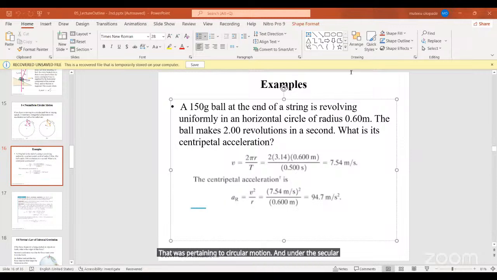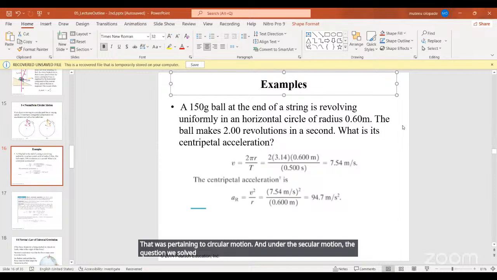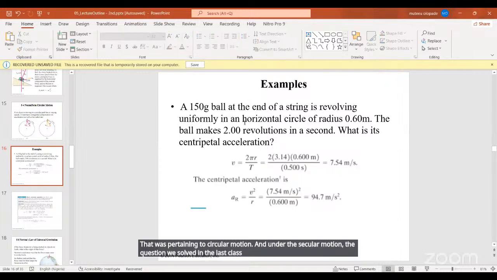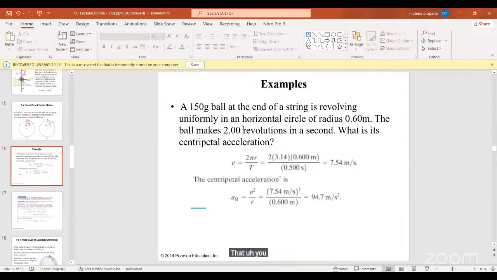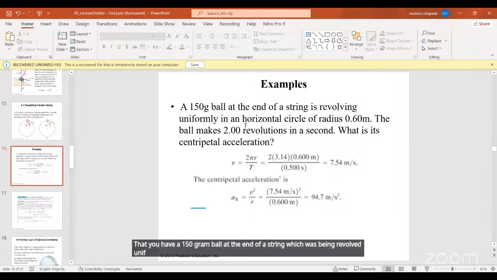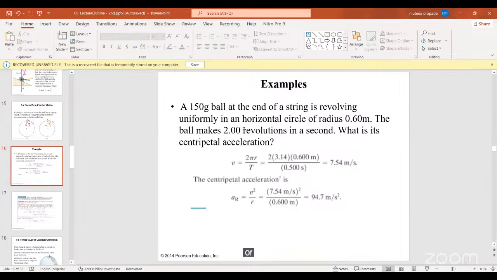The question we solved was this: you have a 150-gram ball at the end of a string which was being revolved uniformly in a horizontal circle of radius 0.6 meters. The ball makes 2 revolutions in a second. What is its centripetal acceleration?